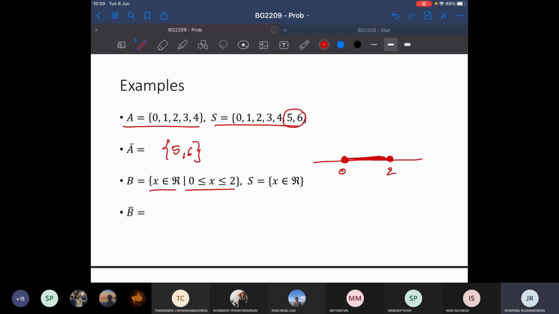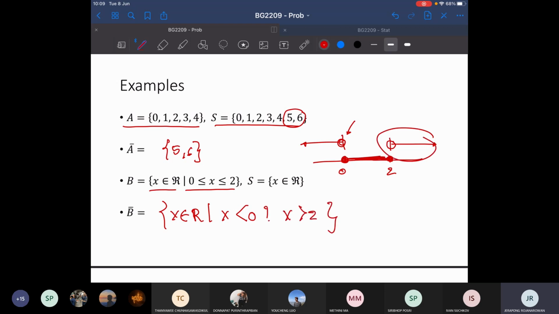What is going to be not in B? Not in B is going to be over here and over here. So basically it's going to be less than 0, note that I'm going to use a white dot over here, and greater than 2. So it's going to be X in R, X is less than 0 and also this one, which is X greater than 2.